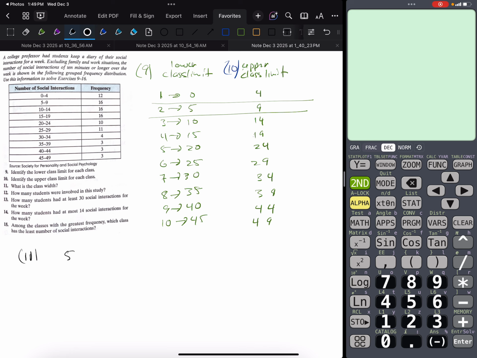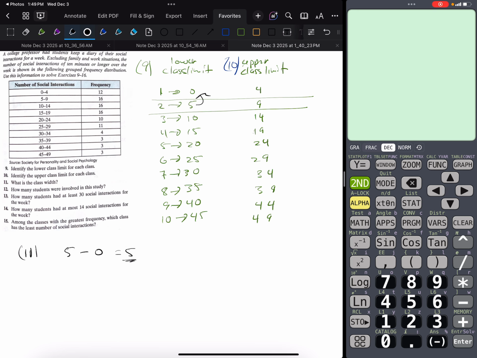If I take 5 minus 0, that'll give me a class width of 5. And we already said by counting on fingers and toes, 0, 1, 2, 3, 4, that's 5. And so I already know that that's correct. But it's easy to see if I just take 5 minus 0, or 15 minus 10, or 10 minus 5. Those are all going to give me the correct class width. Same thing works with the upper limits. It's just usually easier to see with the lower limits.